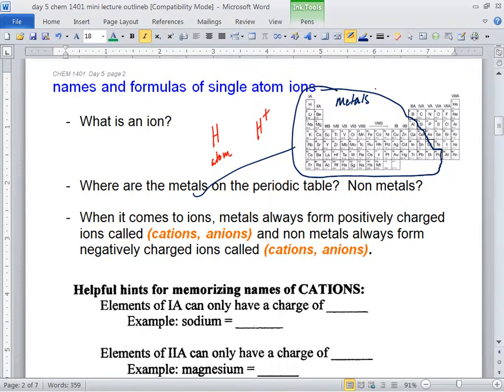Hydrogen is argued. It has a metallic character to it, so let's just throw it in there. And the metals are all going to form positive ions. So that's why it's nice to identify all the metals, all the nonmetals, everything else.